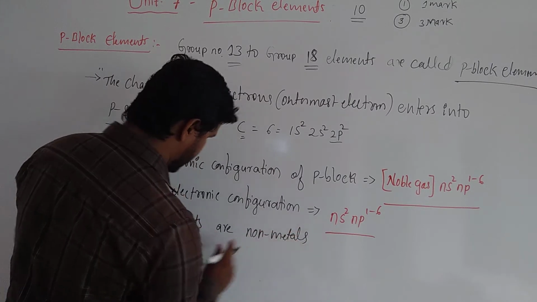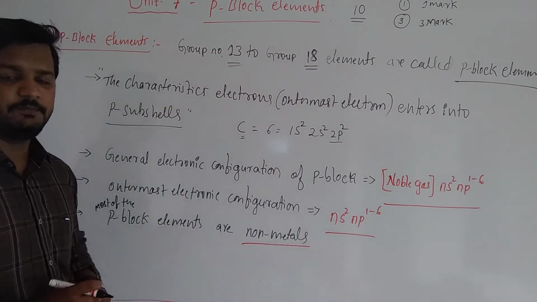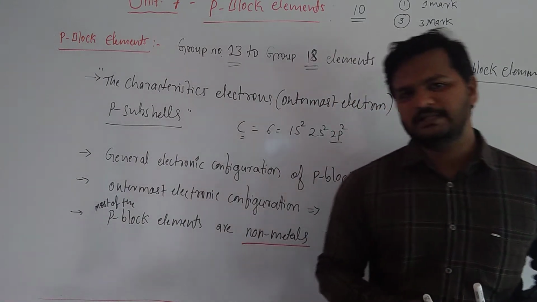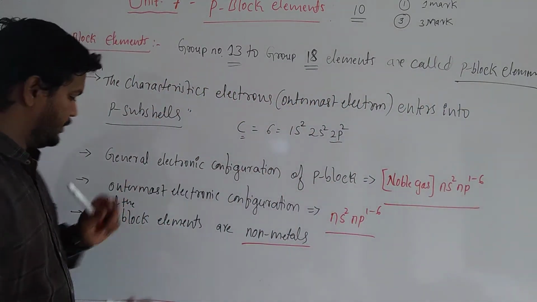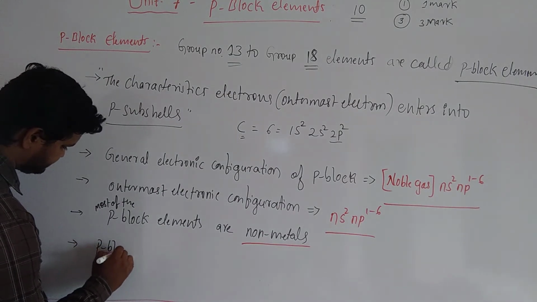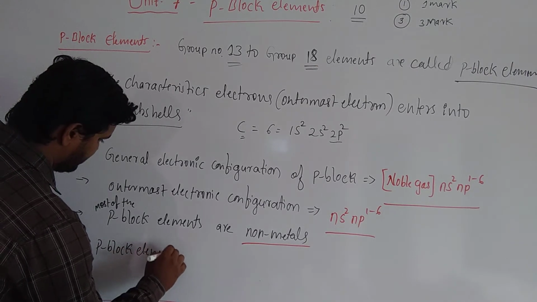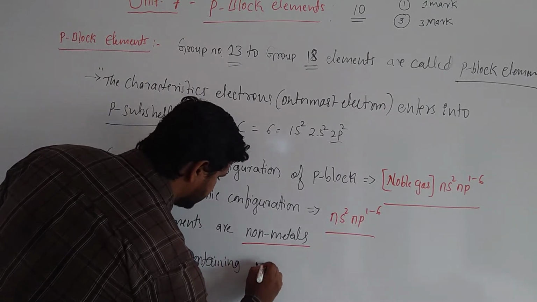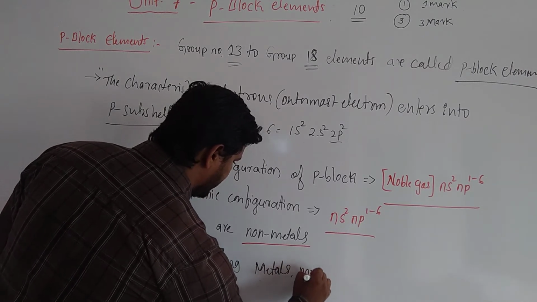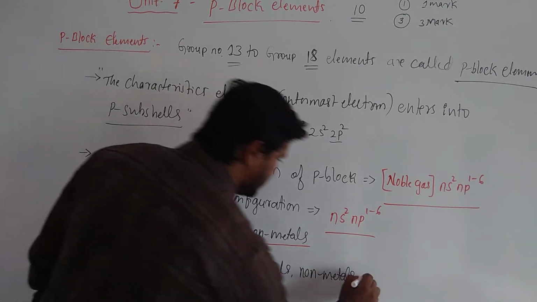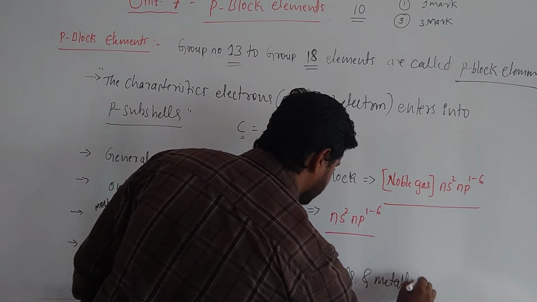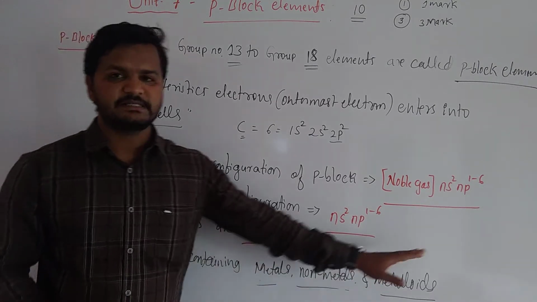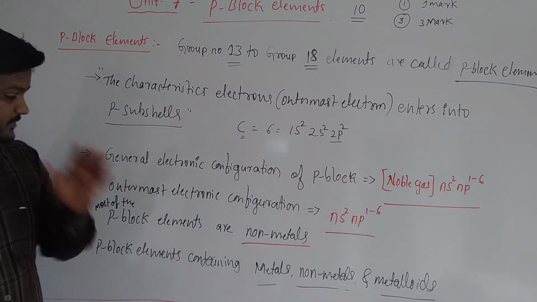Most of the p block elements are non-metals, although the p block contains metals, non-metals and metalloids. So the p block generally contains metals, non-metals and metalloids, but most of the p block elements are non-metals.